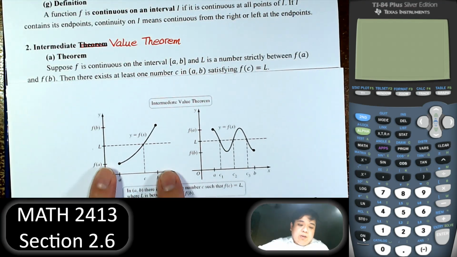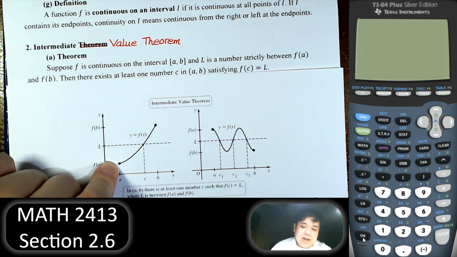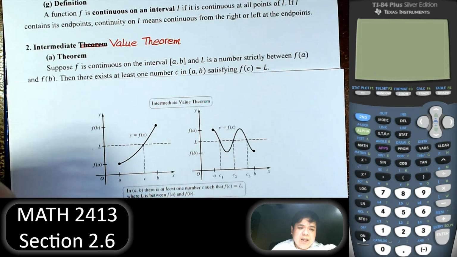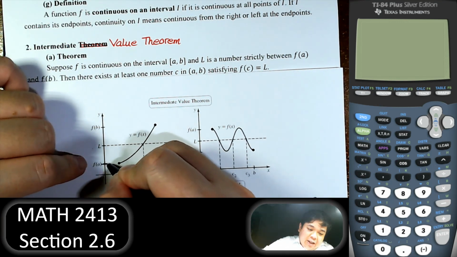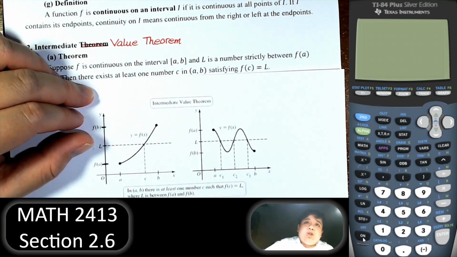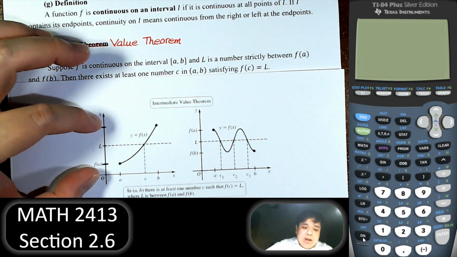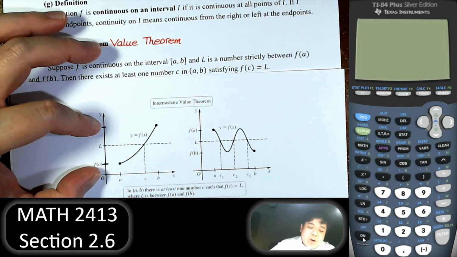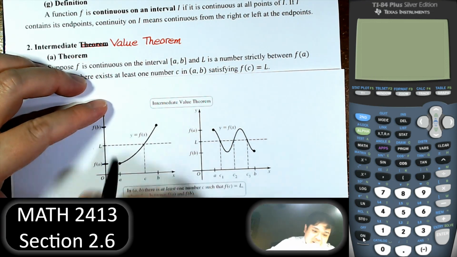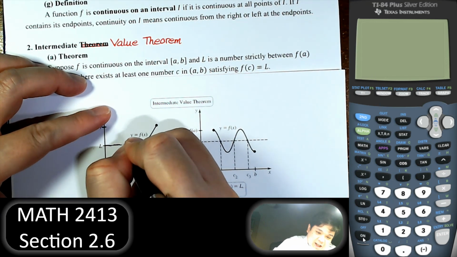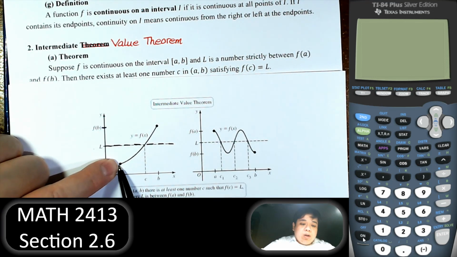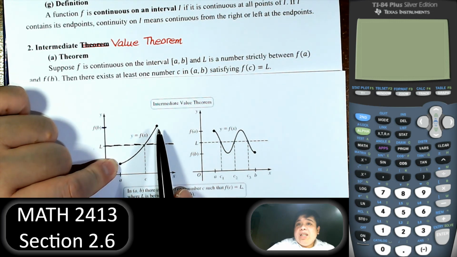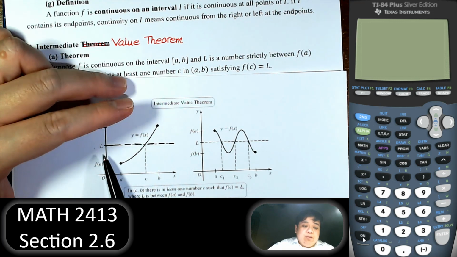First, the function is continuous from a to b. Now, this principle says that if we have f of a and f of b, between those two values there is a line, a value L. If you go from this point to that point continuously, then you have to go through the line.